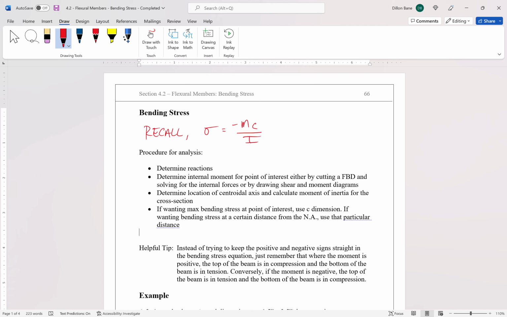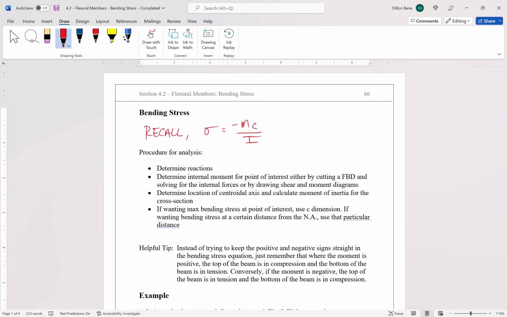Much like the axial stress equation, when we're loading something along the longitudinal axis, the stress was sigma equals P over A. Now, instead of loading along the longitudinal axis, we're loading perpendicular to it, which means we're flexing it, we're bending it.